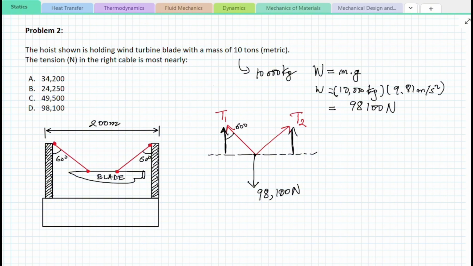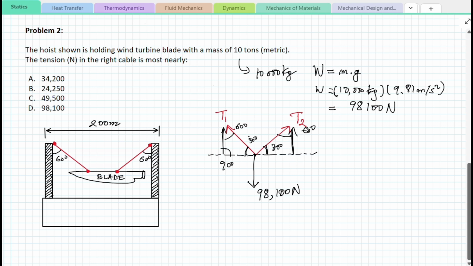So since we're given the 60 degrees here, we know that this is a 90-degree angle. So in a perfect world, 180 minus 90 minus 60, that'll give us 30 degrees. So we know that this angle will be 30 degrees. And likewise, this will also be 30 degrees.